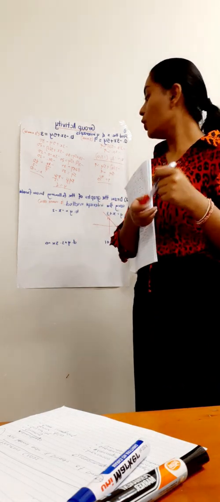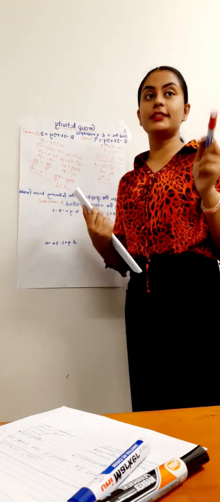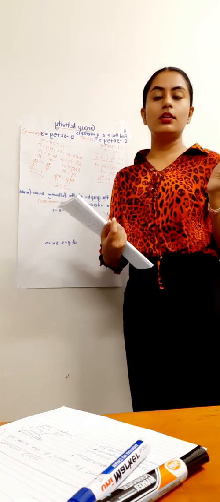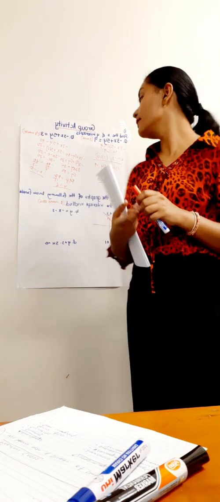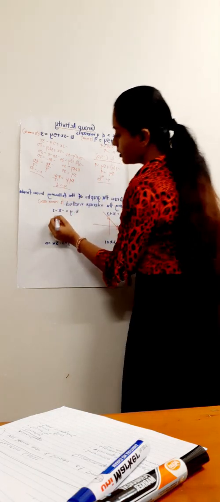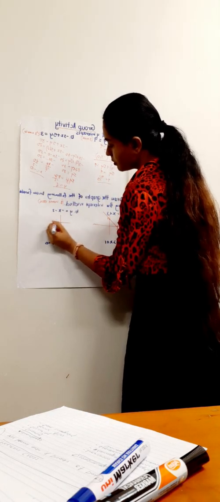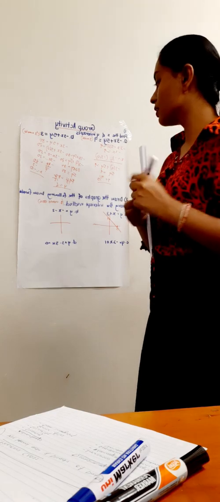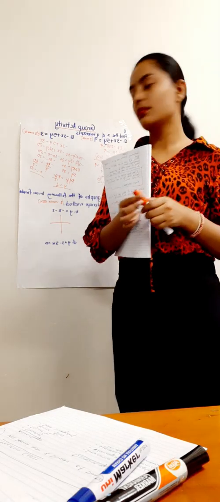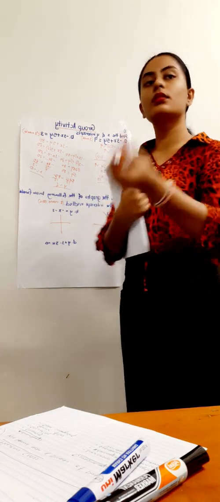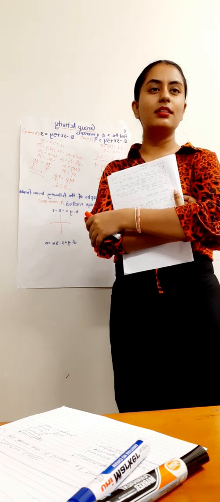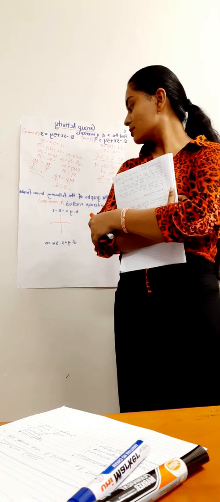Part B. y is equal to negative x minus 2. Group 2? For the y-intercept, x is equal to 0, so y is equal to negative 1 into 0 minus 2, which gives y is equal to negative 2.